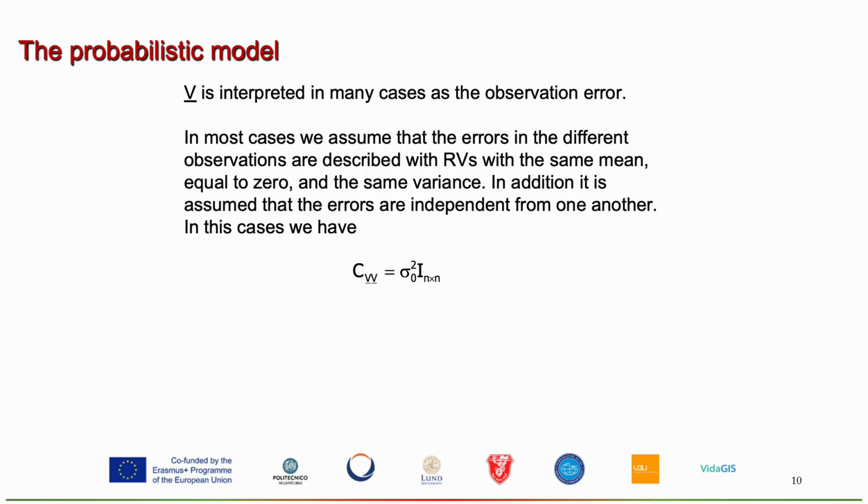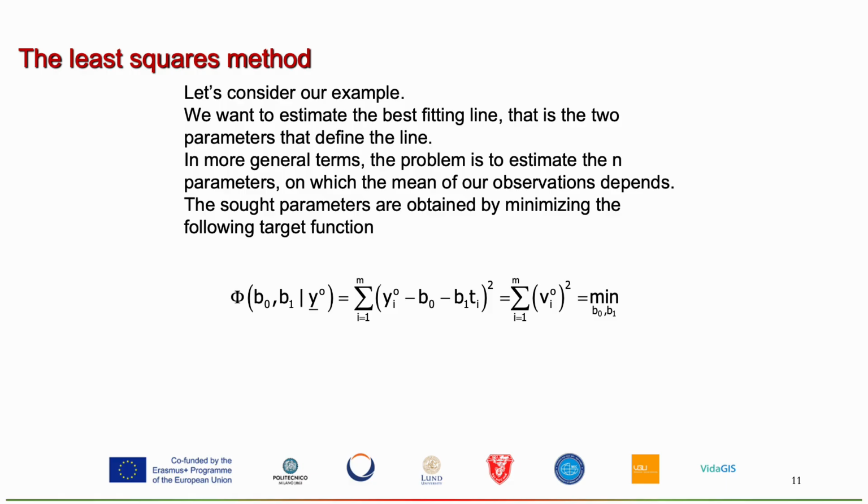Moreover, in most applications the observation errors are not correlated, so the covariance matrix of capital V, that is the covariance matrix of the observations, is given by the a priori common variance that multiplies an identity matrix. So we have a problem in which we have observations that are observables plus unknown errors.